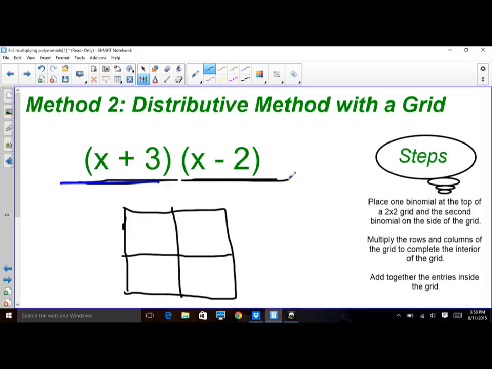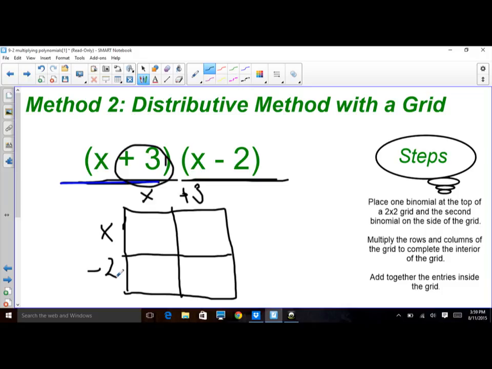So 2 by 2, one to represent each term. So you're going to put one binomial at the top of the grid. Doesn't matter which one, but you do want to take the signs with it. What I mean by that is this positive 3 should stay consistent through the problem. The other binomial can go down along the column. So we have x minus 2, right? You want to make sure that negative sign stays through.